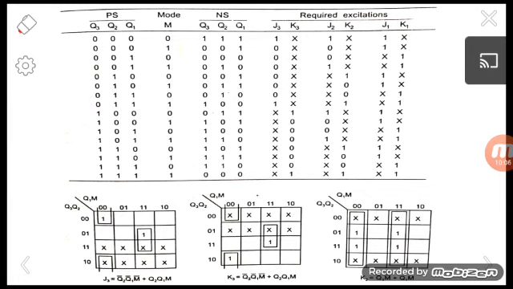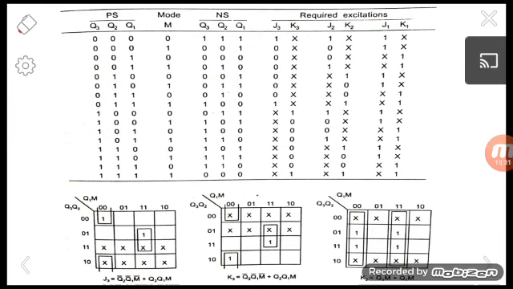If the present state is 0 0 1, when the mode value is 0, it will count down to 0 0 0. And when the present state is 0 0 1 and the mode value is 1, it will count up, that is 0 1 0. Likewise we can write this table.